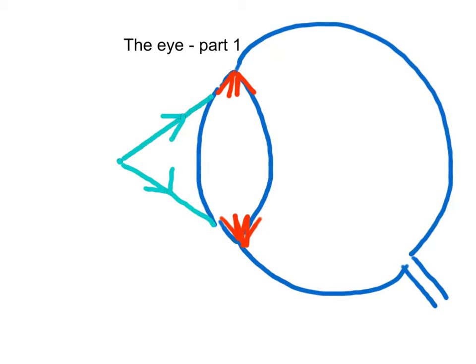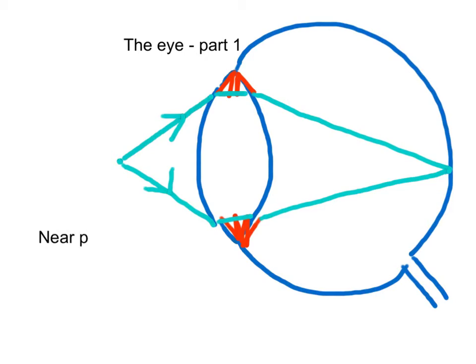This lens needs to be crunched down and made as thick as possible, because you need to converge these light rays so that they come in and focus on the retina. So we're going to bend these light rays and focus them like so. Again, focusing them to a single point. And this, as I said, is called near point. It's the closest point that you can focus on.